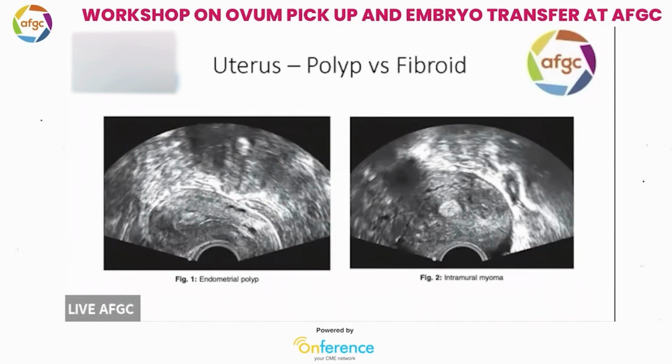There is debate regarding polyps between 1 to 2 centimeters, and less than 1 centimeter usually can be left alone. However, if you have a patient with multiple IVF failures and there is a 0.9 millimeter polyp and you are planning to do a hysteroscopy, I would definitely remove that polyp.